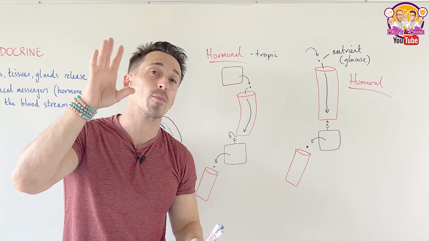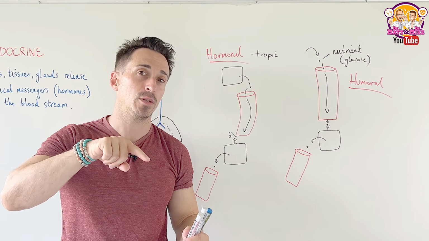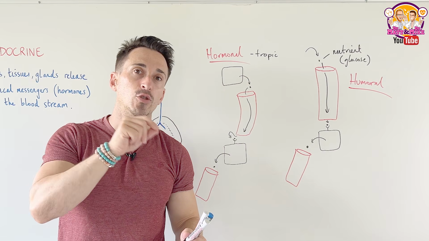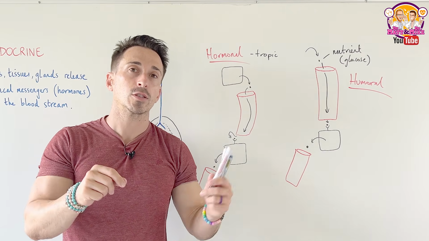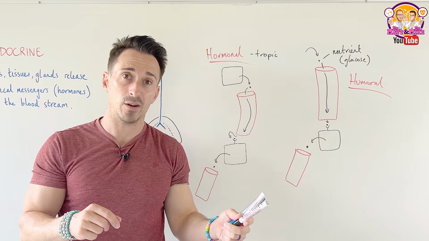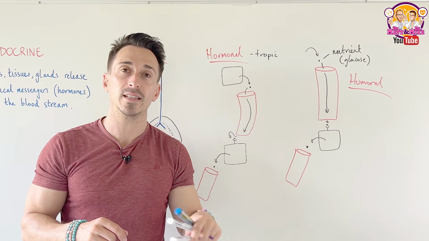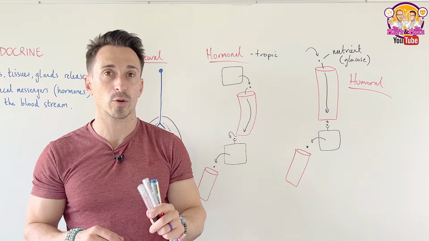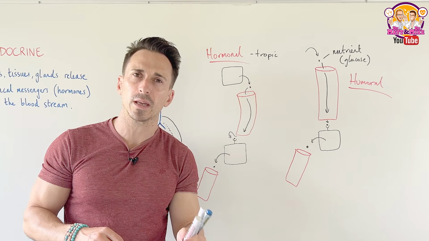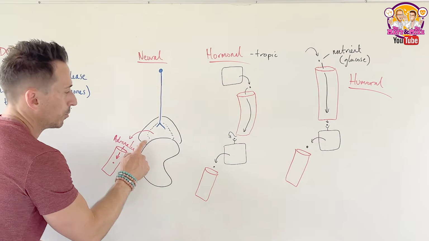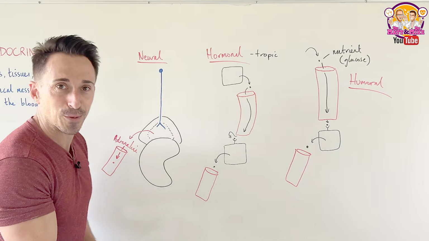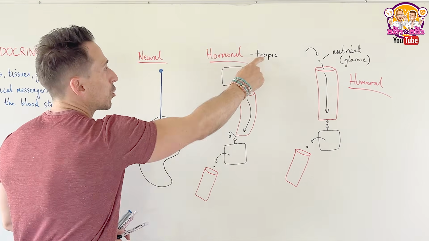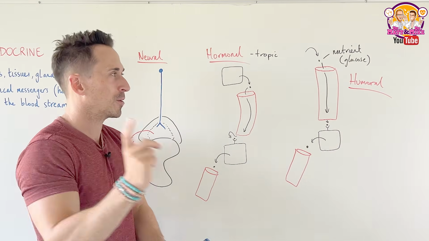It's released by the hypothalamus and tells the anterior pituitary to release adrenocorticotropic hormone. So that hormone tells another hormone to be released, ACTH, adrenocorticotropic hormone. You might say, that's also got tropic in it. That's right, because its job is to travel to the cortex to tell it to release more hormones. So when you see tropic, just know it's not the last hormone to be released.